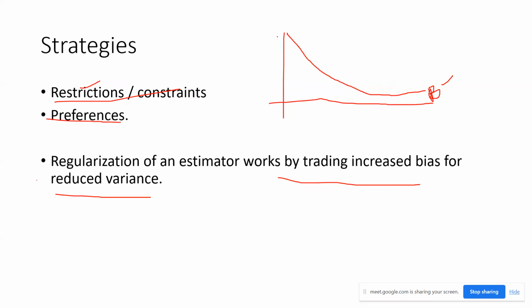From the variance point of view, this is the variance line. Variance goes from low to high. This is variance, and when we identify the capacity value, this is capacity.